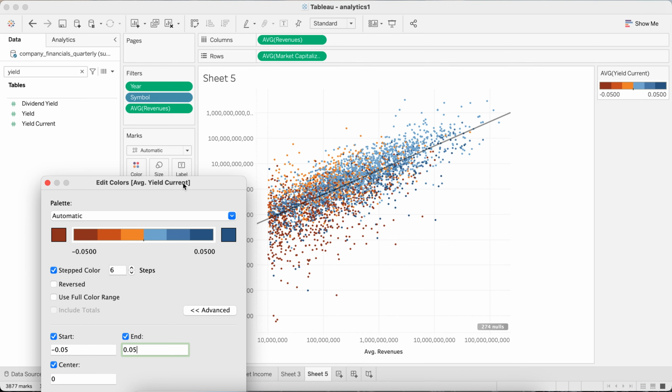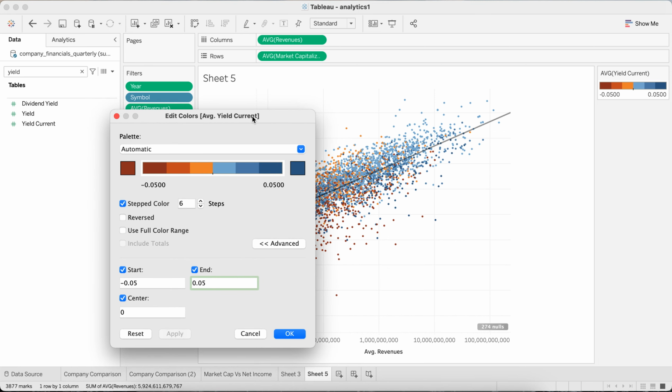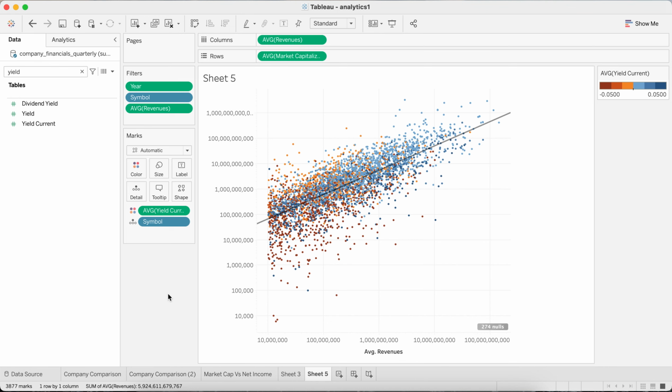Mind you, this is quarterly yield, not annual yield. Because we're looking at the quarterly data set, this is the quarterly net income divided by the market capitalization, or the average quarterly net income since 2020. That's what we filtered to.